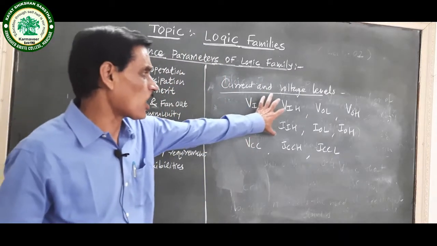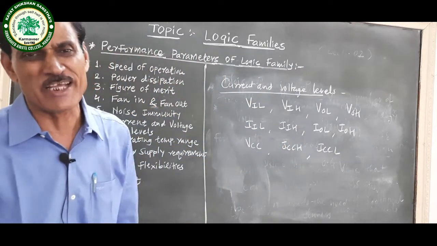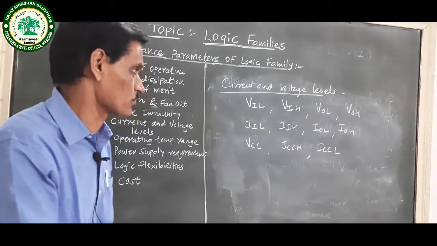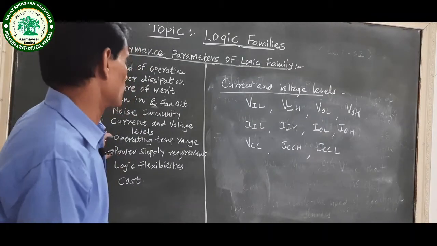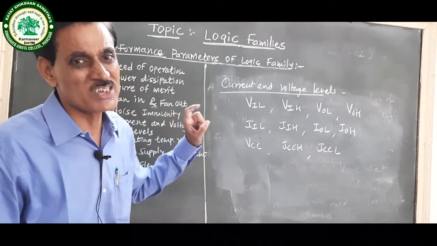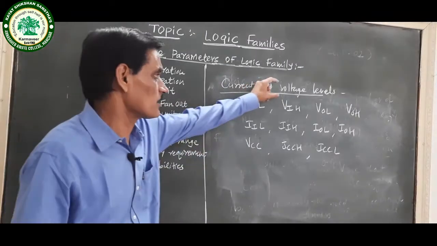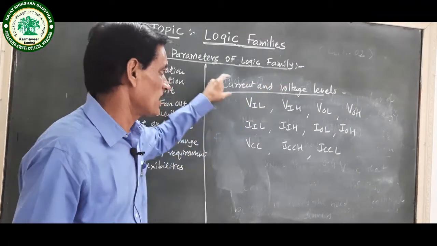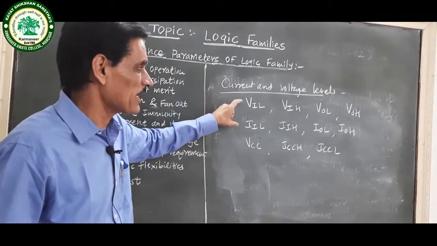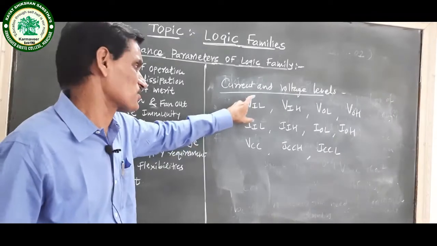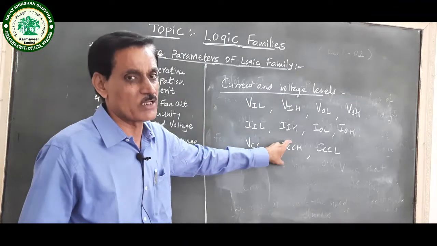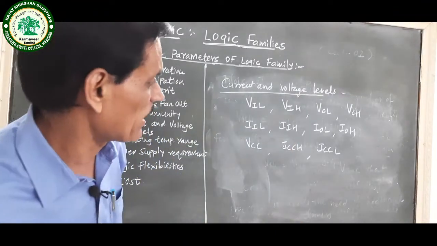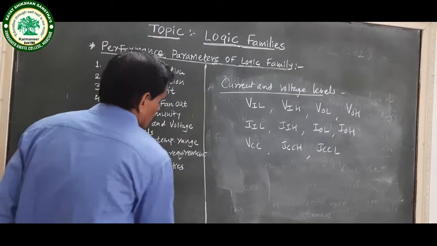Anyway, all these logic levels we can define independently also. But today, at least remember that concerning any logic family, there are different types of voltage levels and current levels. And while designing the circuits, you have to take into account these values which are provided by the manufacturer.